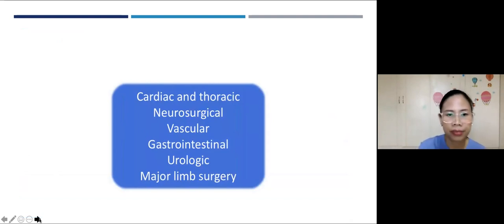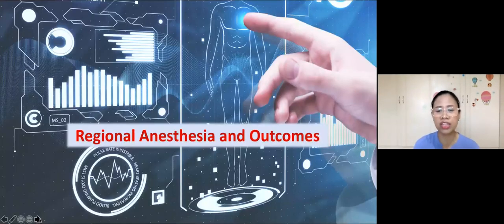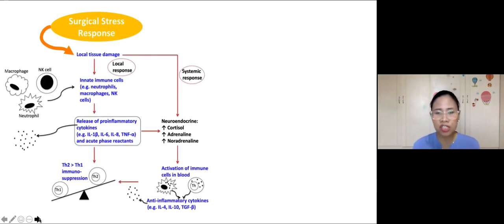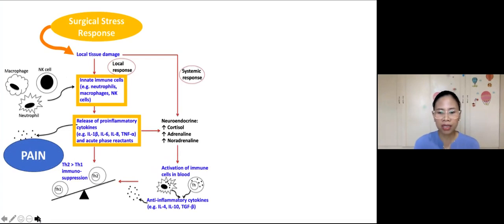All right. So knowing that we are dealing with a high-risk patient or a high-risk surgery, what anesthetic technique would be optimum or would be appropriate for these patients? So I will be presenting the evidence on the benefits of regional anesthesia for the high-risk population. All right. So the surgical stress response is known to be the reason why there is a lot of morbidity and mortality in surgical patients.